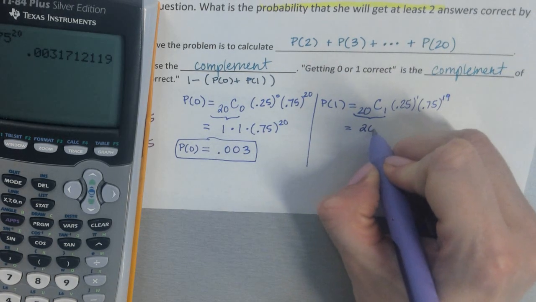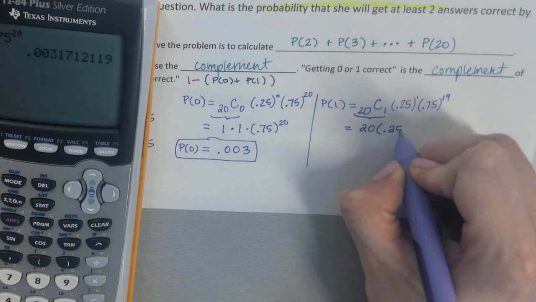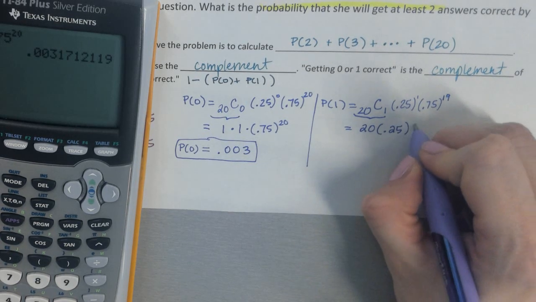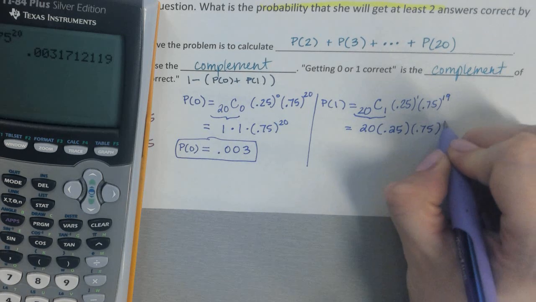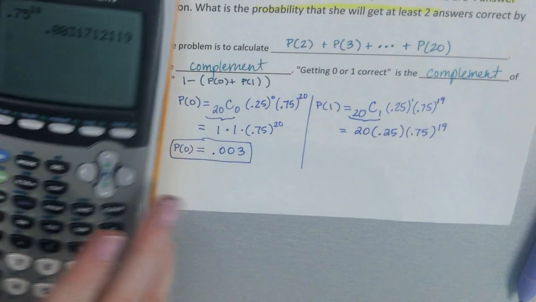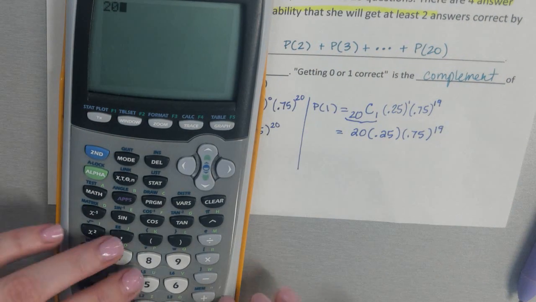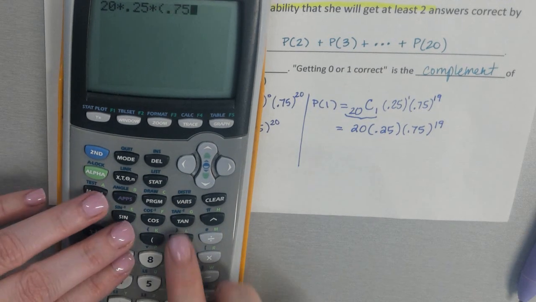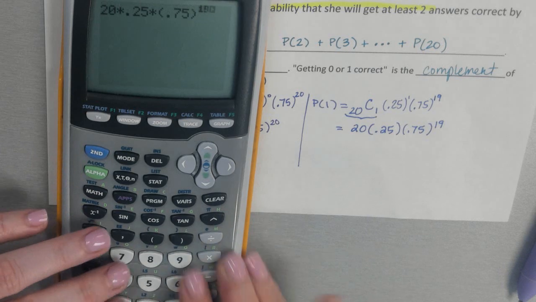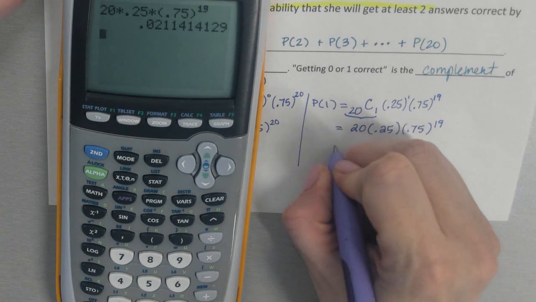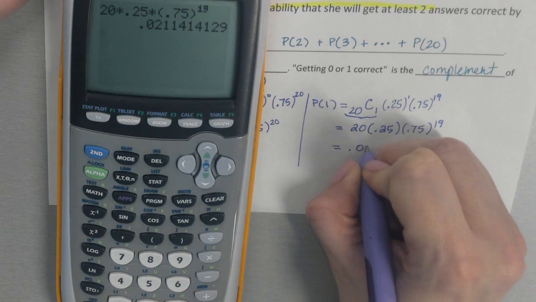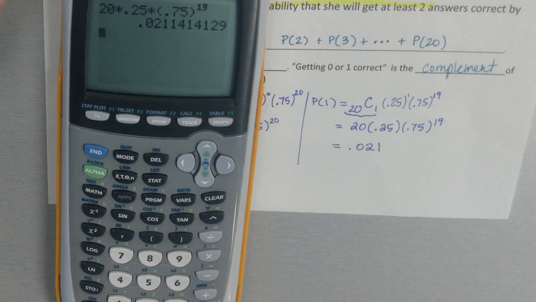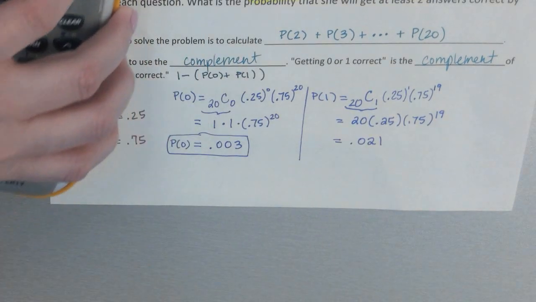Again, feel free to calculate that with your calculator using that feature. So we have 20 times 0.25 times 0.75 to the 19th. And again we're rounding to the nearest thousand.